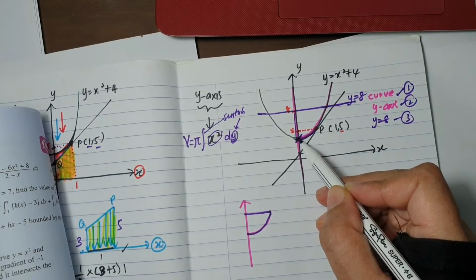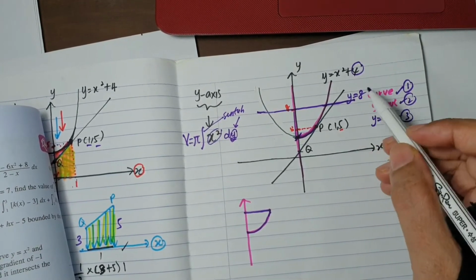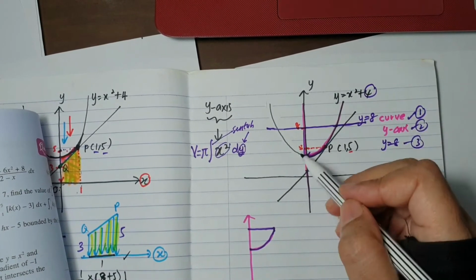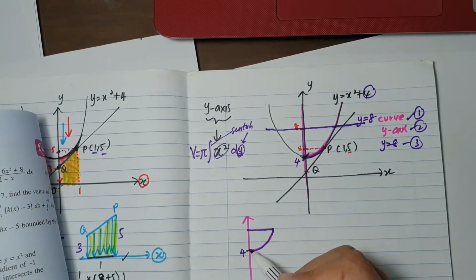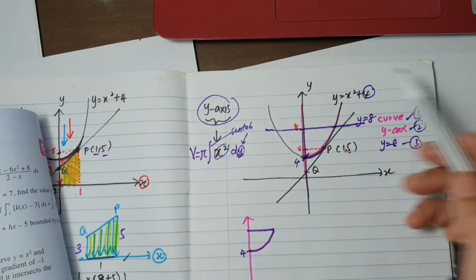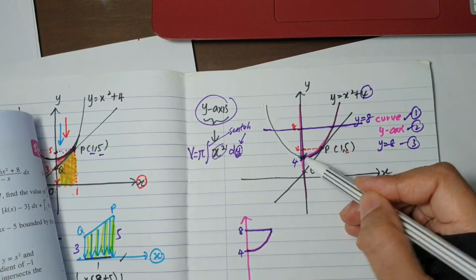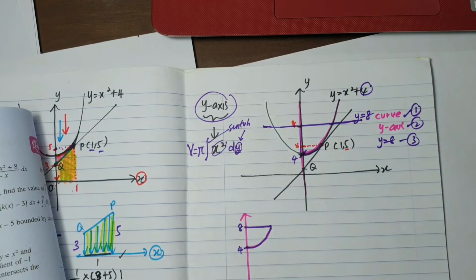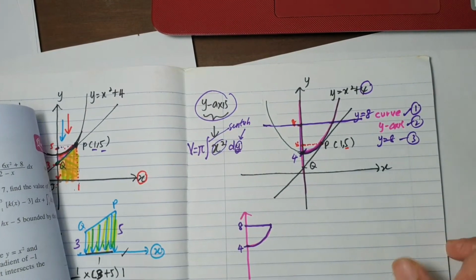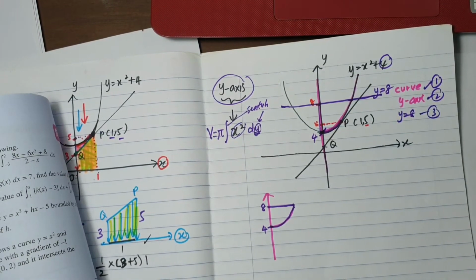This point is the y-intercept of the curve, which is 4 actually. Revolve about y, the limit must be on the y-axis. Here 4, here 8, so the limit is on the y-axis. You can see right now the region is here.